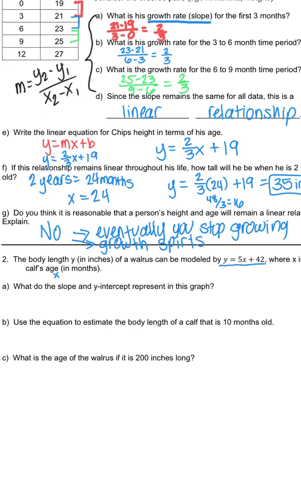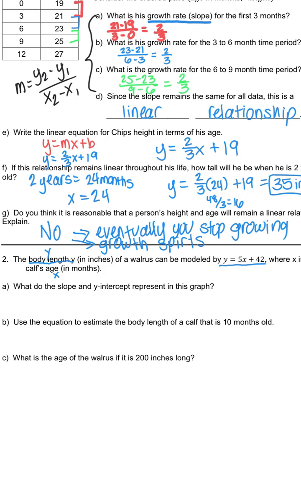It says, what do the slope and y-intercept represent in this graph? Remember, the body length is the y, and the calf's age is the x, and we know that this 42 right here must have been the starting length, right?